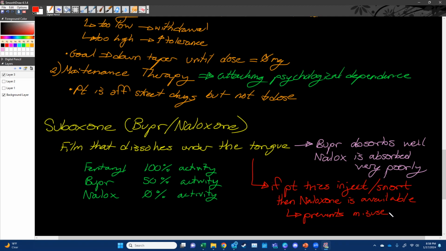Any questions about that? There will definitely be a question about Suboxone and what the purpose of naloxone is, because it talks all about affinity, and it talks all about absorption. So definitely make sure that is something that you understand.